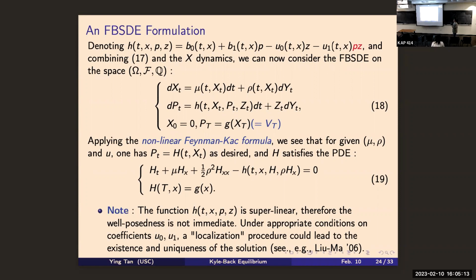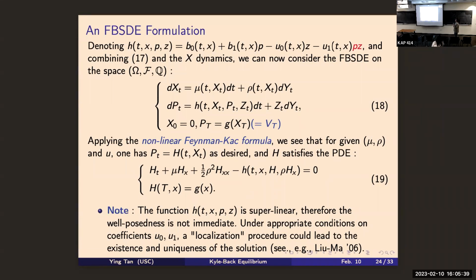We picked the alpha star, which satisfies G of X capital T equal to V capital T already. So now we study this FBSDE to guarantee that P capital T is also equal to G of X capital T, so that we can guarantee the requirement that the market price is equal to the underlying value at terminal time.